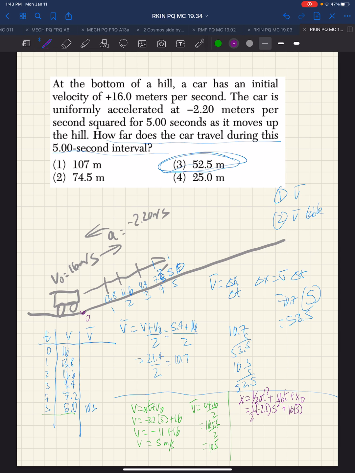We set that equal to 0. So we're left with minus 1.5 times 25 plus 80. And 25 times a minus 1.5 is 37.5, so minus 37.5 plus 80.